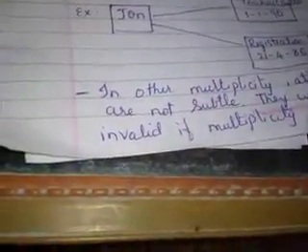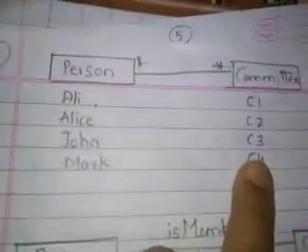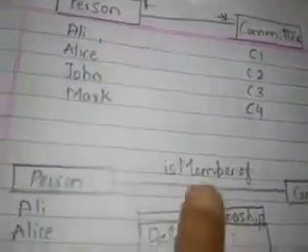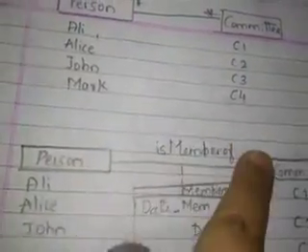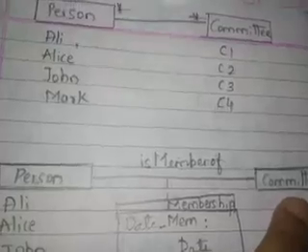So let us take this example. Now we have an association here. Two classes are there, one is person and one more is committee, and the association between them is member of.